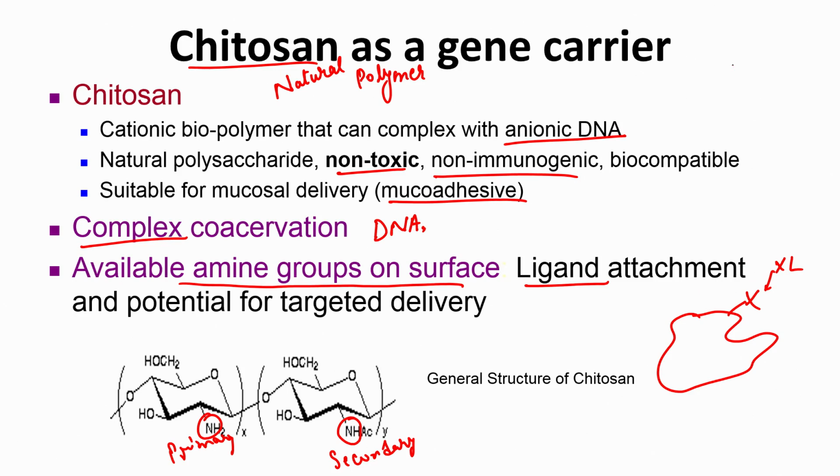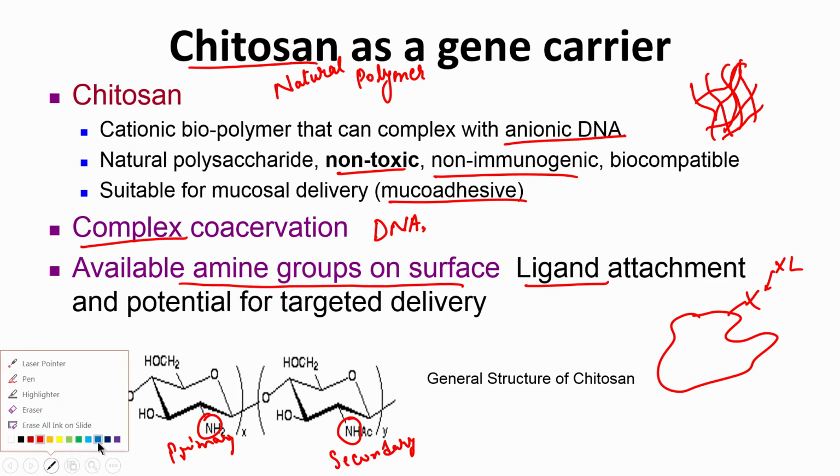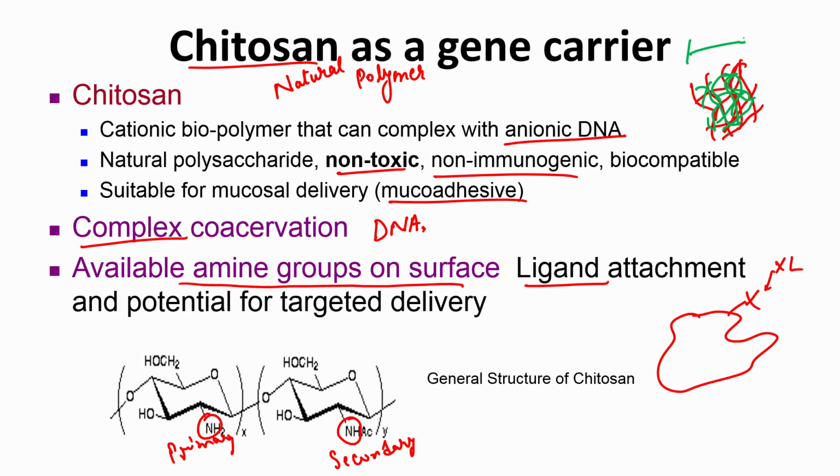One thing to note is why are the complexes important. So, not only the endocytosis, but once you have this, let us say red is your polymer, and let me just pick another color, and let us say green is your DNA. So, it is forming an ionic complex like this, maybe the size of this is about 100 nanometers.